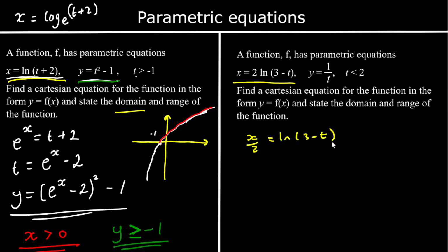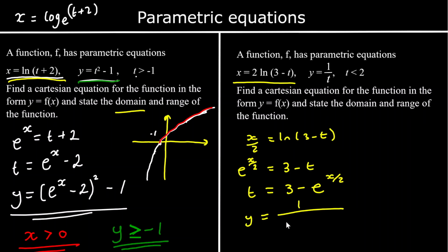E both sides, or take it out of log form. So e to the power of x over 2 is 3 minus t. Add t to both sides. Take away e to the power of x over 2. So that's t equals, substitute it into the y equation. So y is 1 over (3 minus e to the power of x over 2).